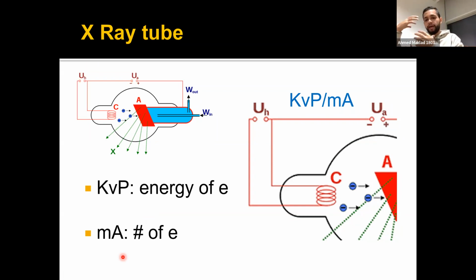If you have a high kVp and high energy electrons, you're going to have a worse image. Now contrast that with the milliampere. If you increase the milliampere, you increase the number, not the energy of the electron. You increase the number of electrons, and when you do that, you get a better quality image. So the difference is when you increase the kVp, you increase the energy. When you increase the milliampere, you increase the number of electrons. So keep that in mind. That's basically what this slide says.